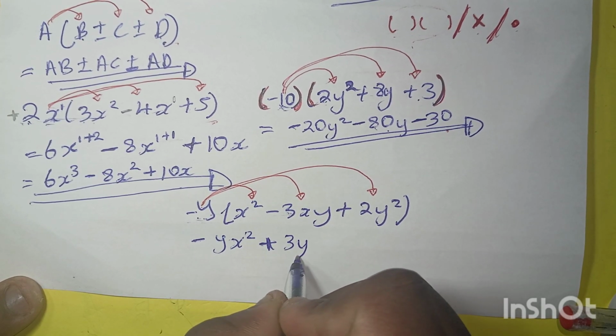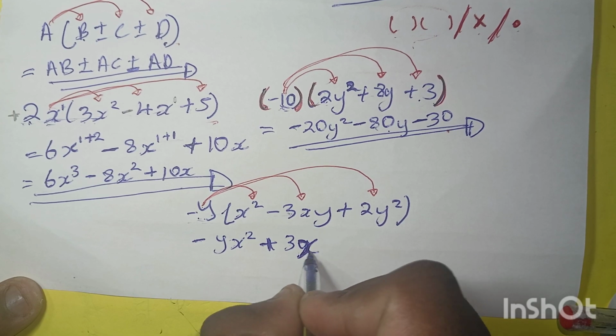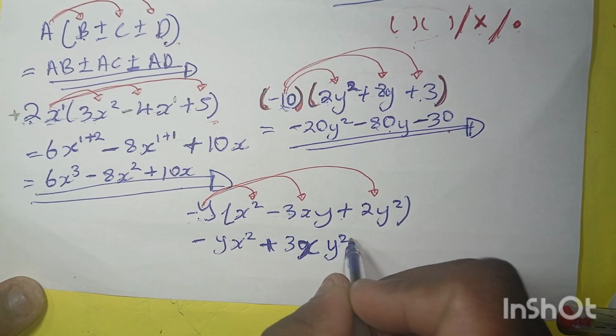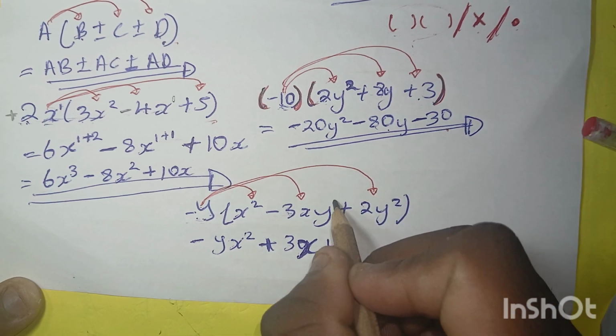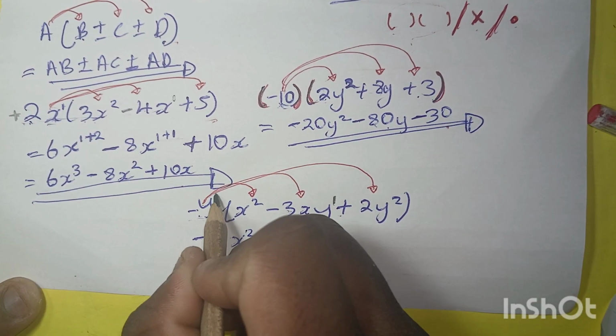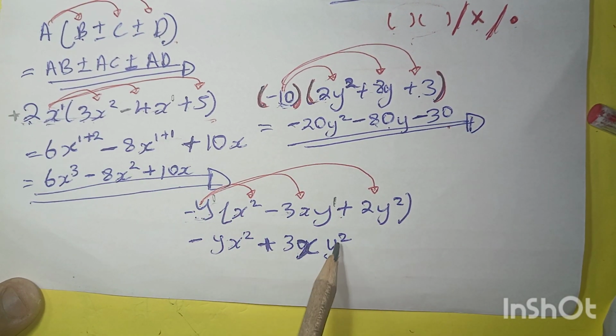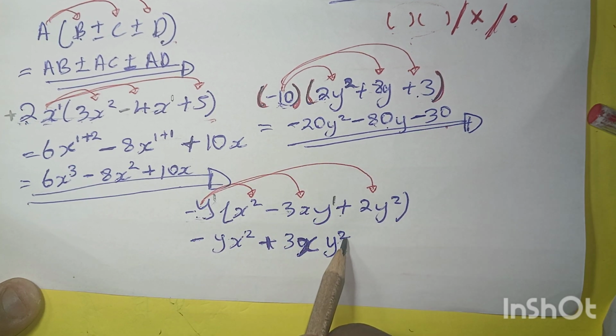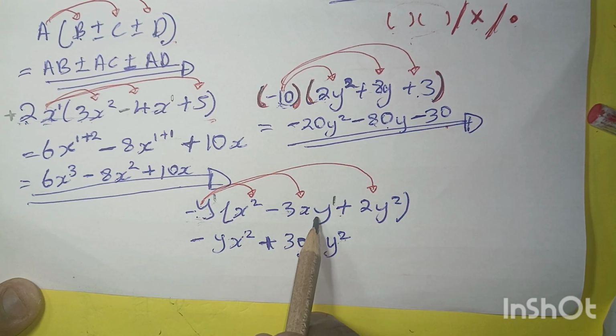Positive 3y or 3x. And now when I multiply the same base, I will add the exponents. Remember here I got an invisible 1, I got an invisible 1. And if I add those exponents, I will get 2. 1 plus 1 is 2, because I'm multiplying the same base here.